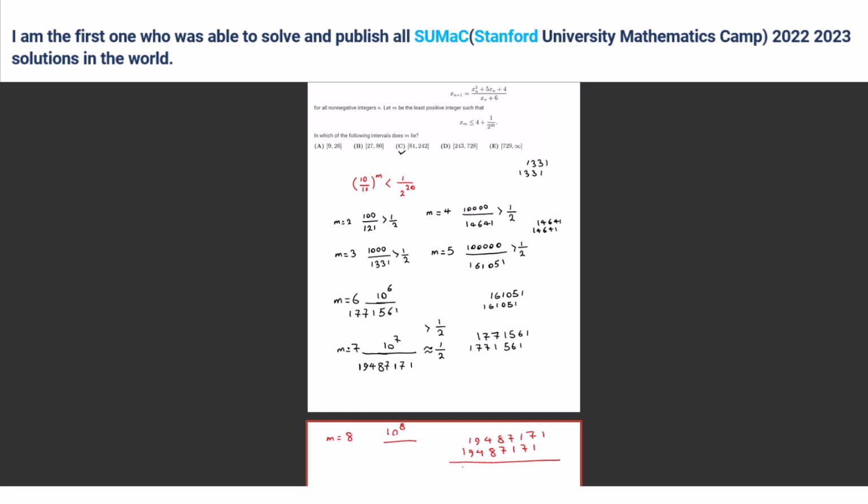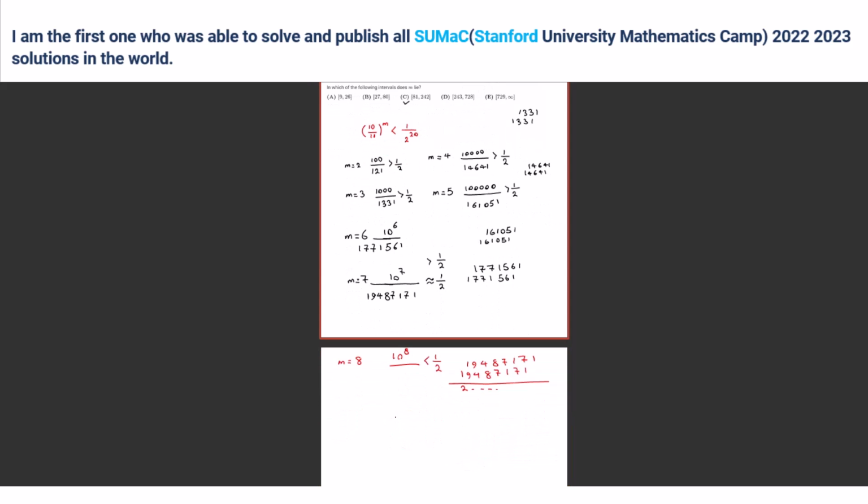So do you agree it will be around 2 point something, and it is less than 1/2? So do you agree we can say 10 over 11 to the power of 160 is less than 1 over 2 to the 20?